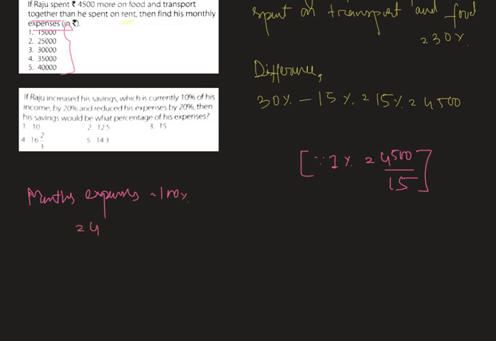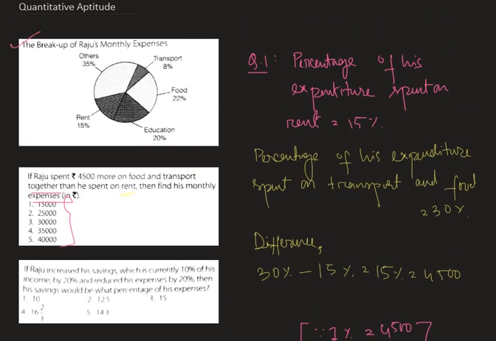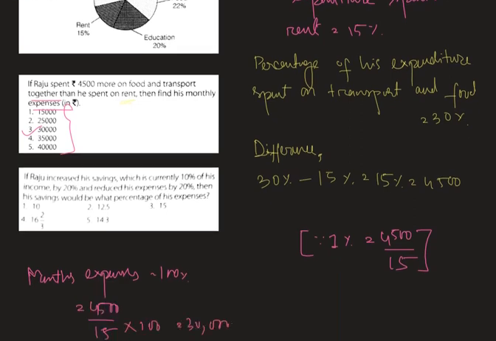And in rupees it results in 4,500 divided by 15 multiplied by 100, which results in 30,000 rupees. Okay, so the correct answer is option 3.